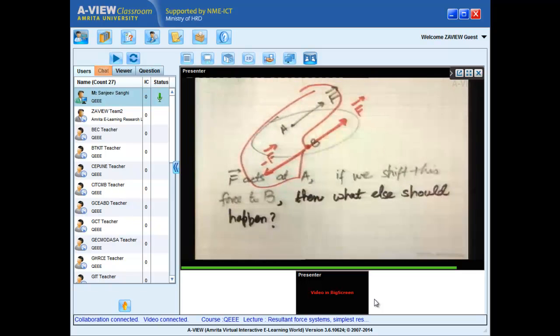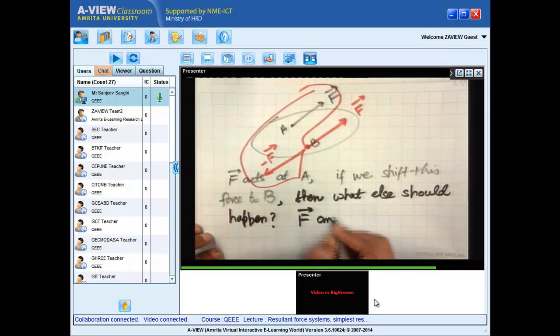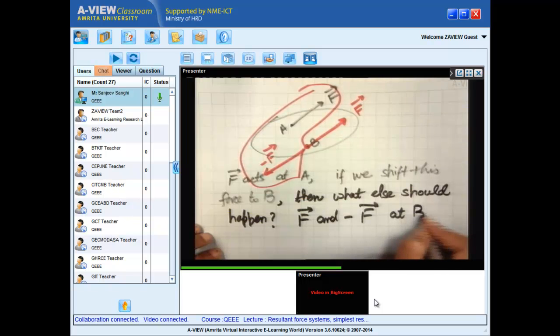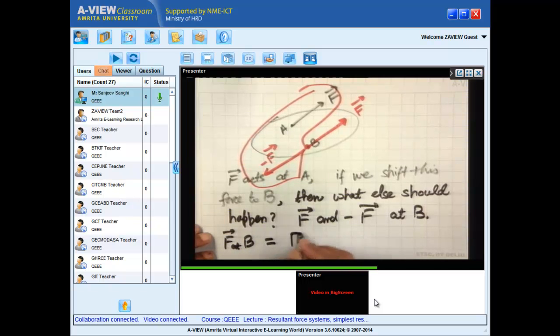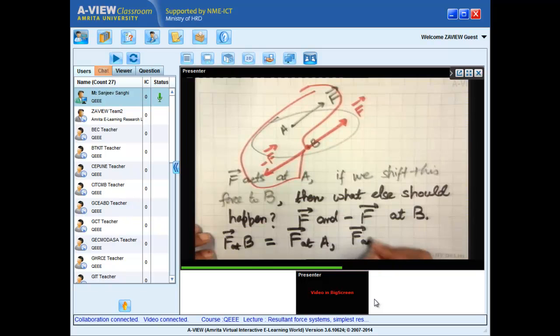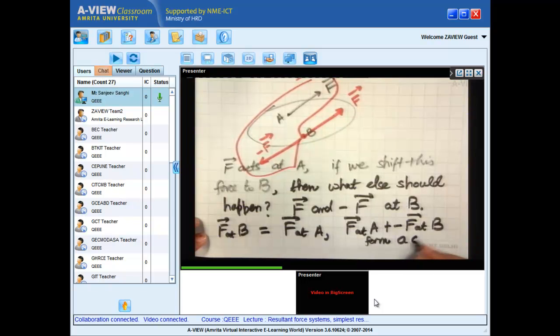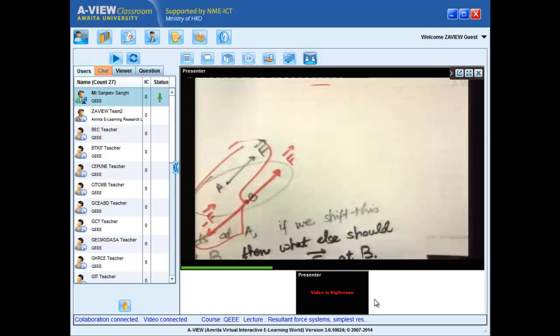It is equal to the force F acting at A. So we put a force F and a force of minus F at B. Now the force F at B is, in vector terms, equal to the force F at A, and the force F at A plus the minus F at B form a couple.